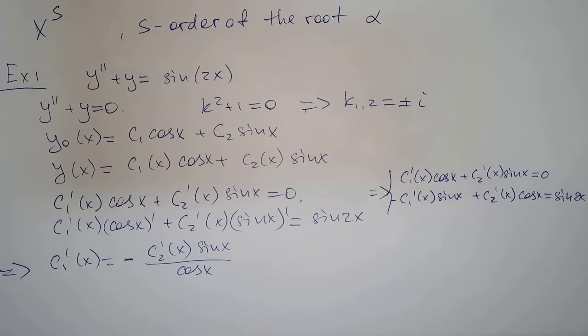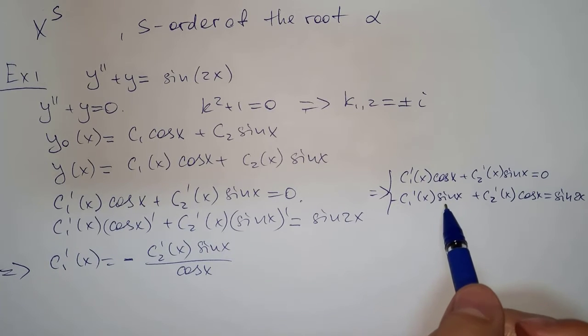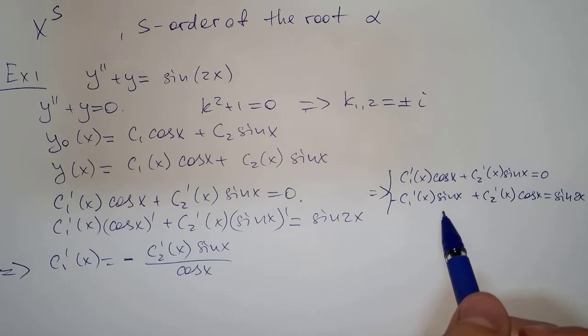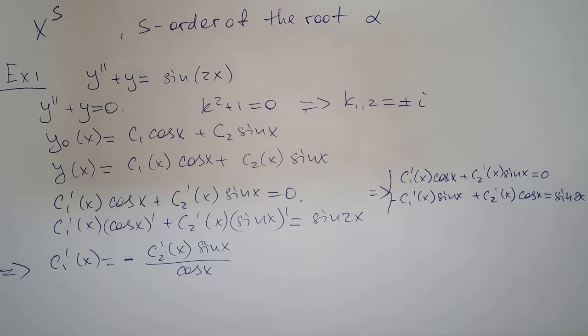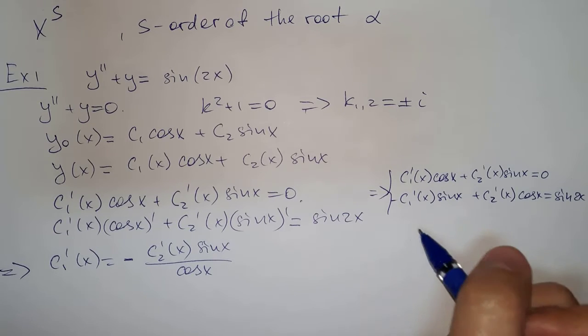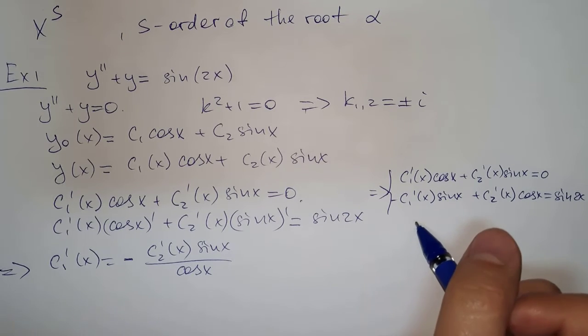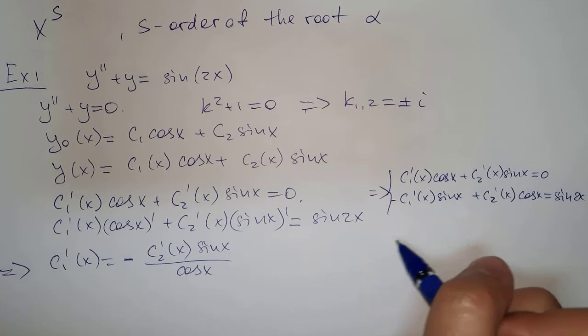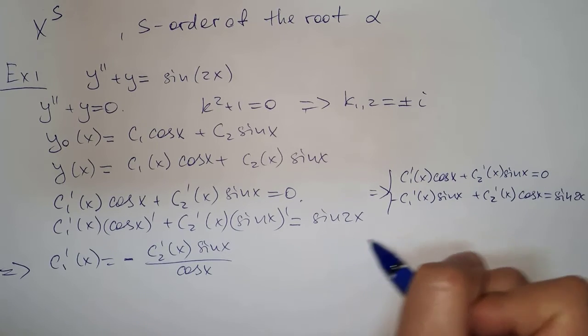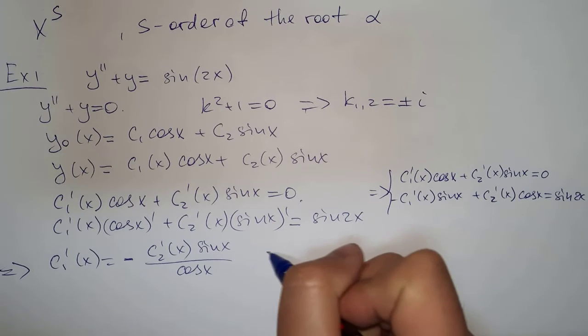So we determine our c1 prime of x, and substituting this c1 prime of x into the second equation, we need to find c2 prime of x also. After putting, it is now plus because we have a double minus.